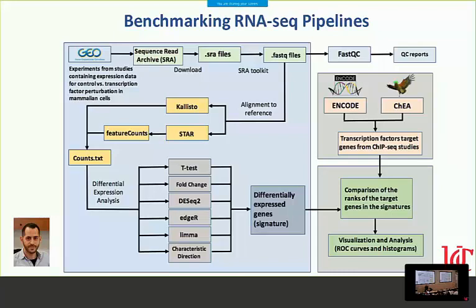So the concordance between those two lists of genes, or the ranking of those genes, can tell you how well your pipeline is doing to independently identify the right up and down genes.